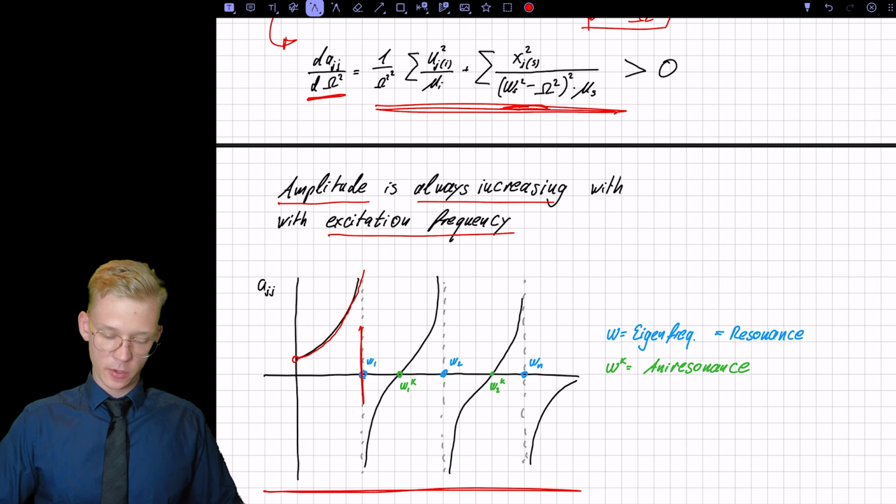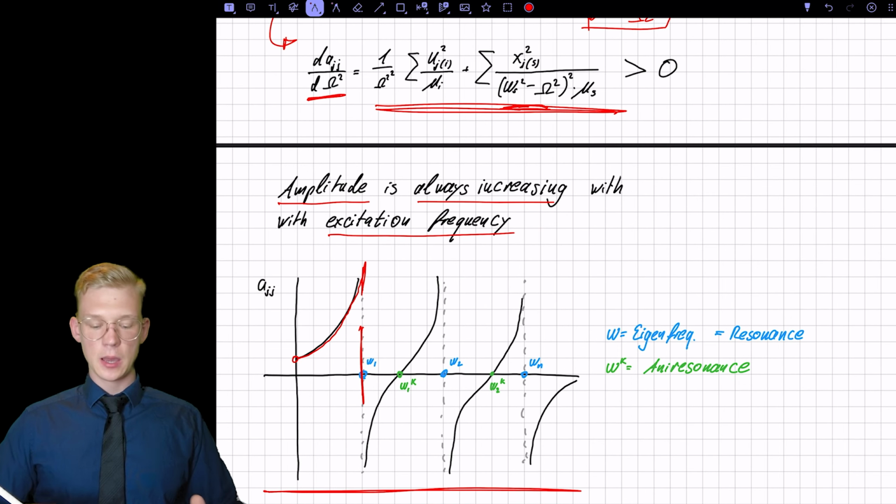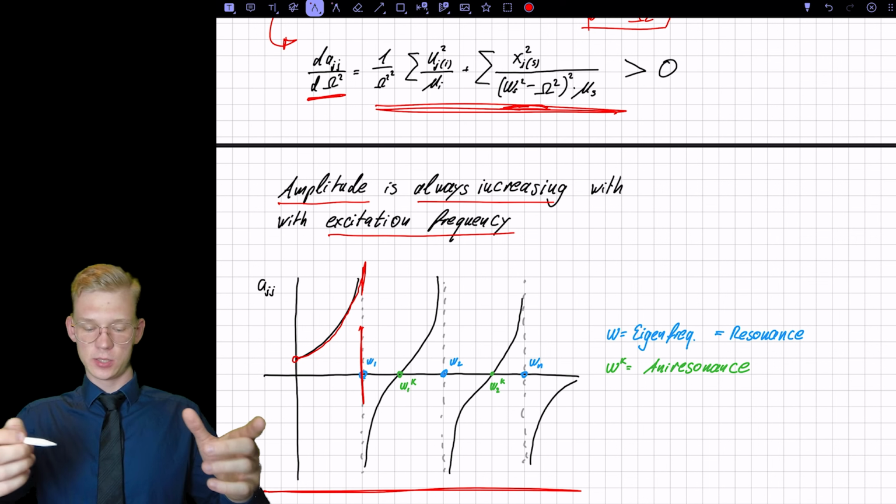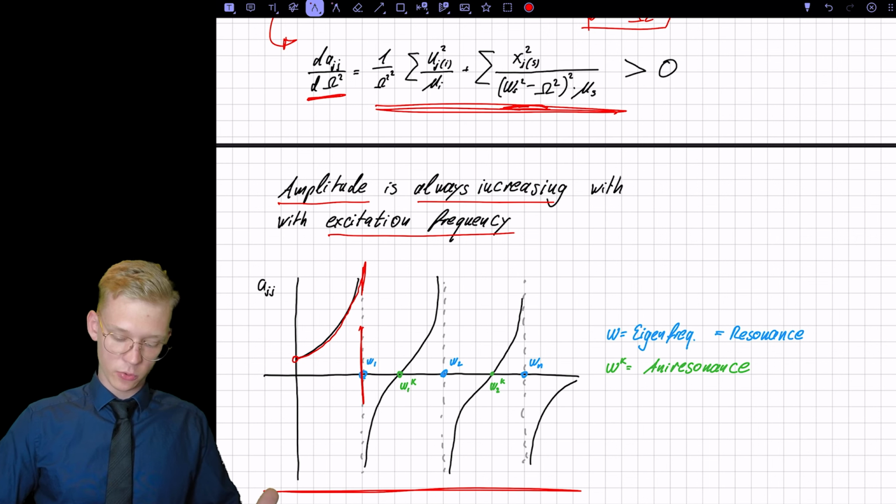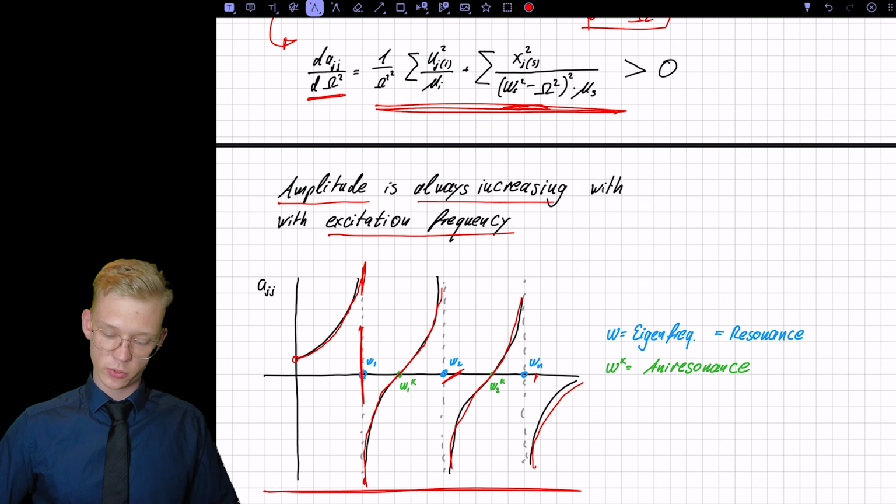But then we are at infinity, but we can't go higher than infinity, so it actually jumps back down, and we start at minus infinity, and we go again up, up, up, till we hit the second eigenfrequency. And this will go on till we hit every single eigenfrequency, and then it will go to 0.